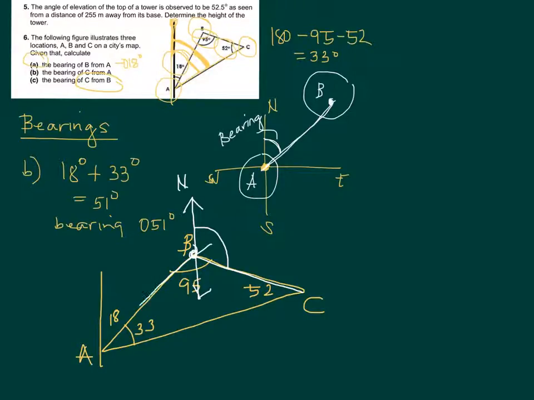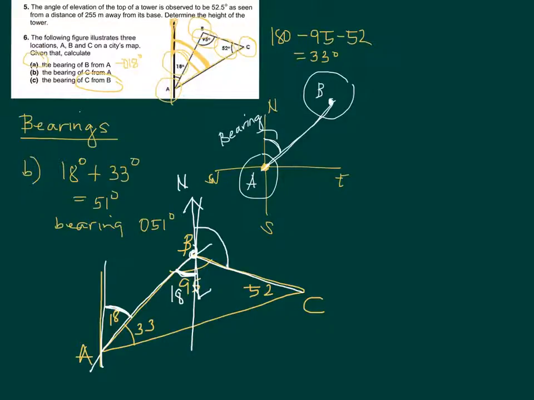When you look at this line and these two other lines, the angle with the 18 degrees is the alternate angle of this angle, and alternate angles have the same measure. So if this is 18, this angle here is also 18, which is part of 95. Now, why are we solving for that?